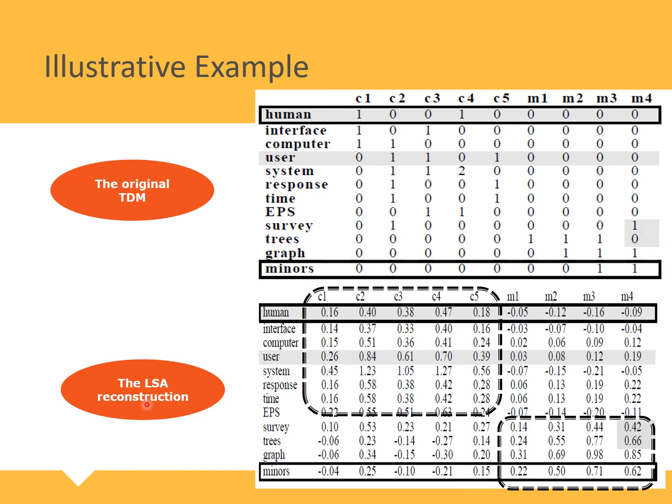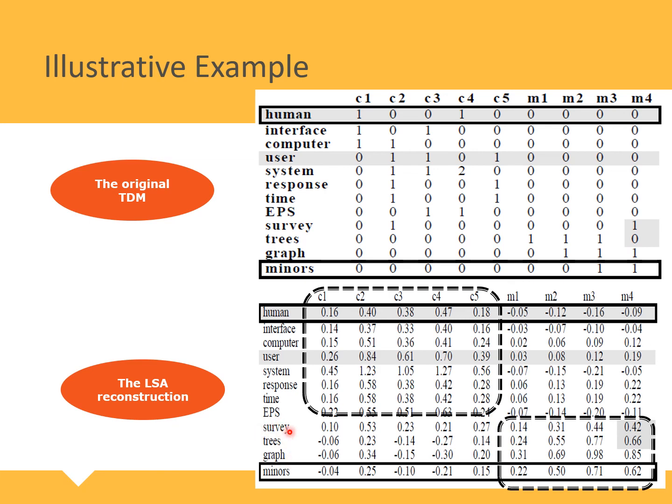So if you look at the reconstructed matrix, and the part which is highlighted here, you will see that the words which are more likely to occur in the context of human computer interaction have a significantly higher weight for documents C1, C2, C3, C4, C5, whereas the other words have significantly lower weights for C1 to C5.